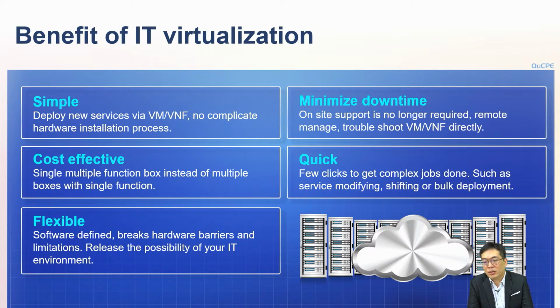We can easily share the CPU resources. We can easily share the memory resources, or even the smart NIC resources. So it will be much more cost efficient when you're using this kind of solution to allocate resources for individual services. It will make much more sense. So there's no more bottleneck in your performance.